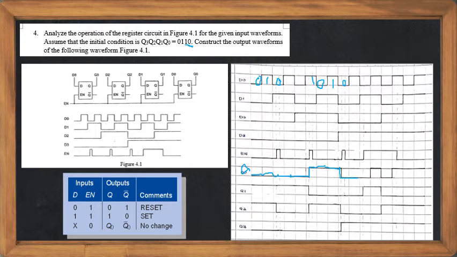So when D is 1 and enable is 0, it will be no change. And when D is 0, there will be no change. And when D is 1 and the enable is 1, the output will be set.